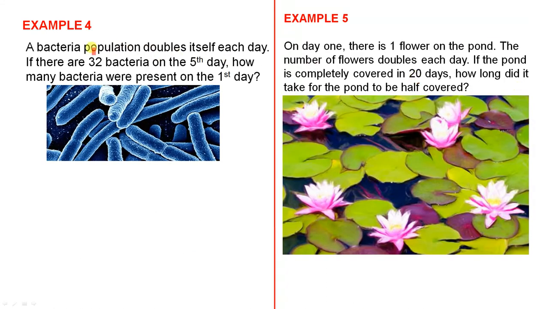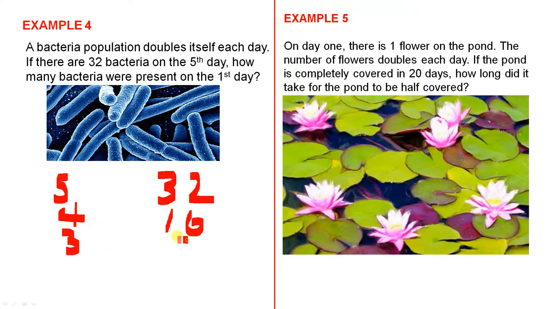Example 4. A bacteria population doubles itself each day. If there are 32 bacteria on the 5th day, how many bacteria were present on the 1st day? So on the 5th day, we've got 32 bacteria. On the 4th day, we've got 16 because it doubles itself, remember? On the 3rd day, we've got 8, so you just keep halving. On the 2nd day, we've got 4, and on the 1st day, we have 2.